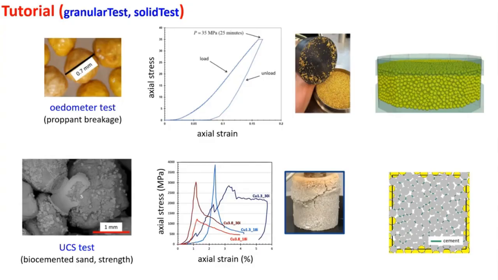And of course, because we're talking about this, to gain better insight, she also built some PFC models. We did everything in 2D, and here we go. Those little green guys are cement. In this case, there's something we call parallel bonds.